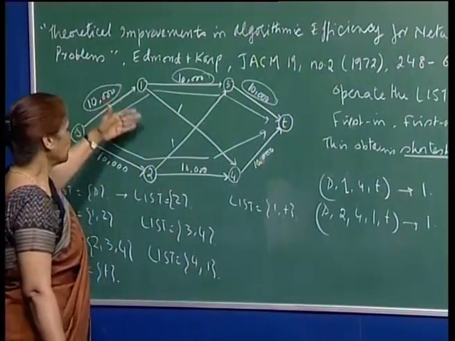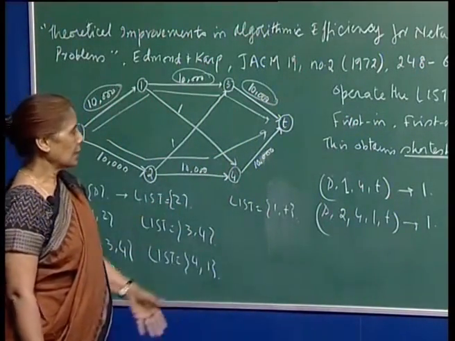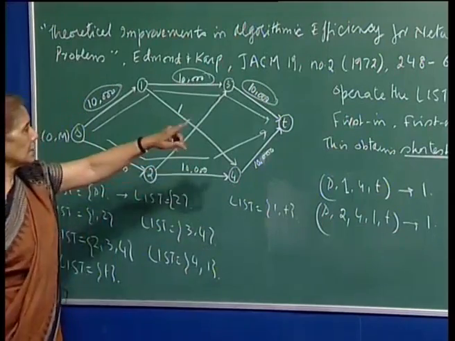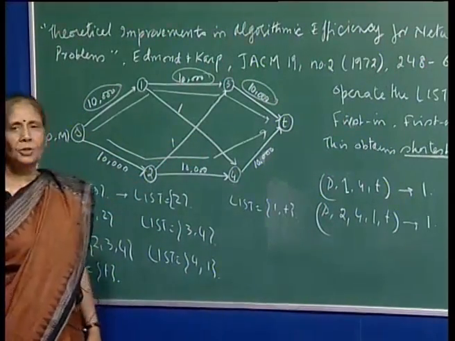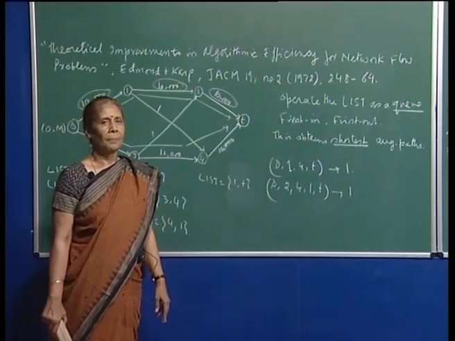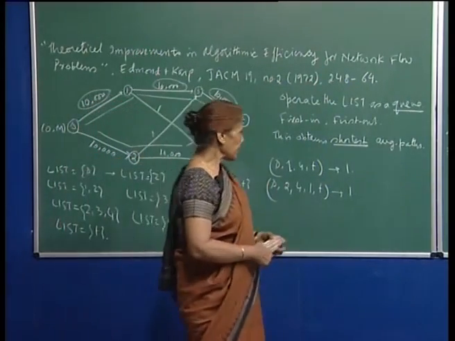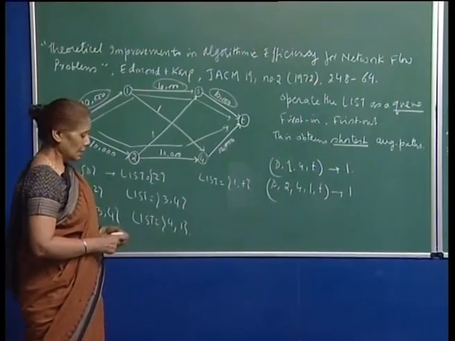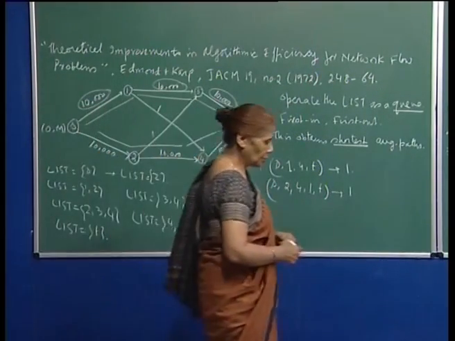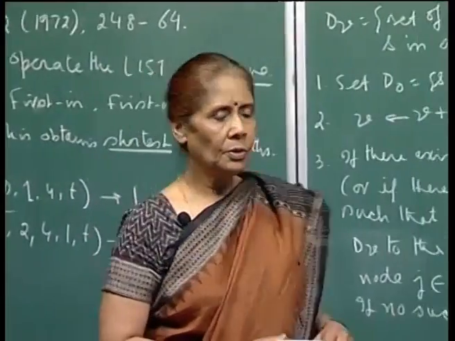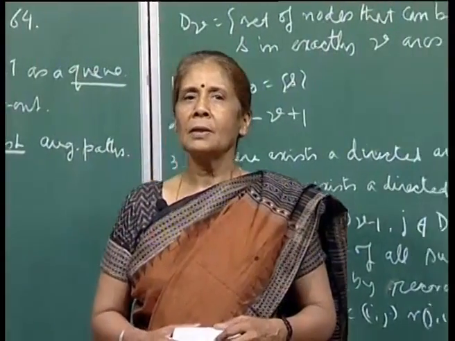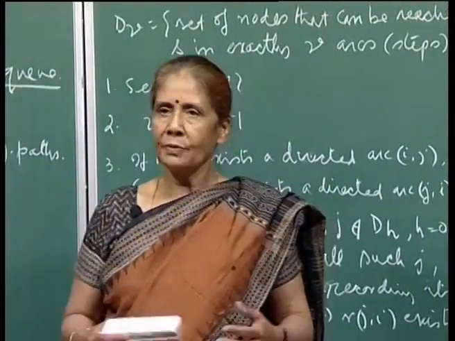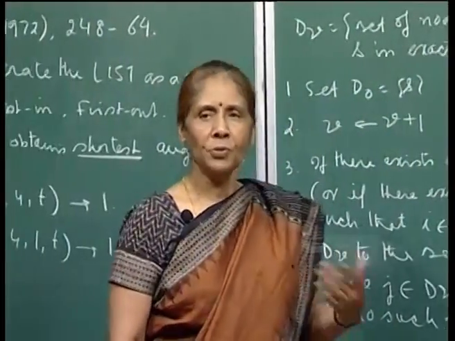So, then you will have 20,000 iterations to get the flow that you got by using the list as a queue in only 2 iterations. So, the advantage is definitely there, and now I want to formalize this algorithm, that is, if you use breadth first search for looking for augmenting paths, then you can do a faster work, and this can be proved theoretically.